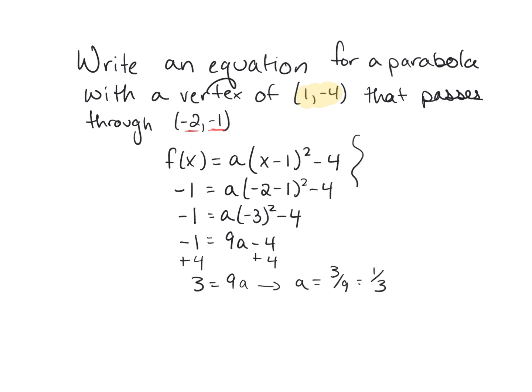So my final equation here is going to be f of x is equal to 1/3 times x minus 1 squared minus 4. I look forward to practicing with this with all of you next class.